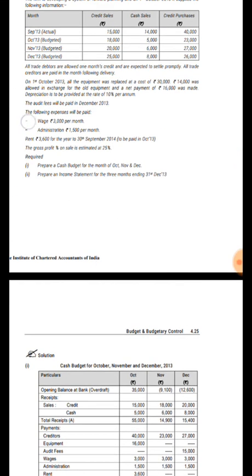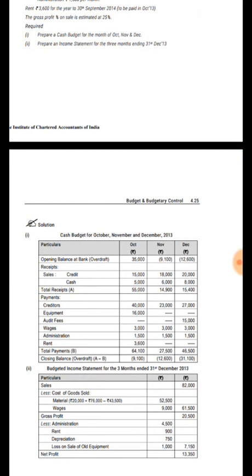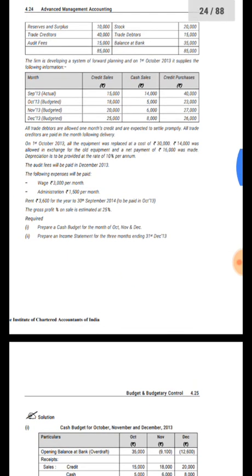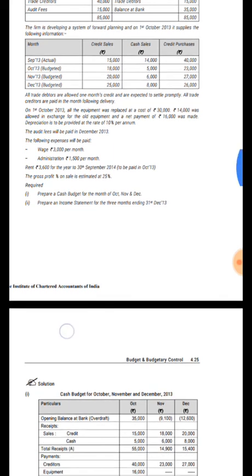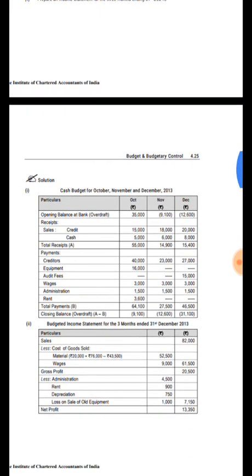This audit fees payable, no, how much? 15,000. So audit fees taken 15,000. Now admin also we taken, wages also taken, rent 3,600 for the year to 30 December, to be paid in October. So 3,600 is paid in October, so that 3,600 taken here.